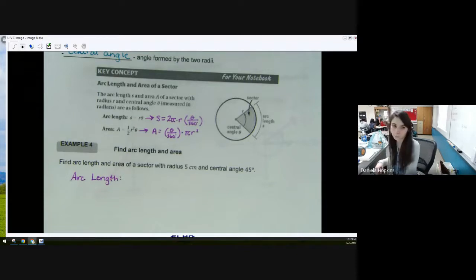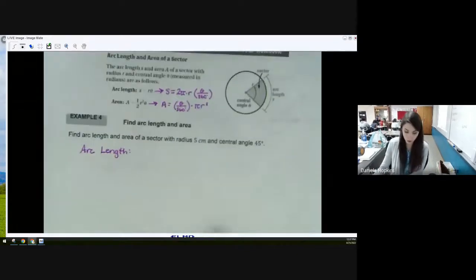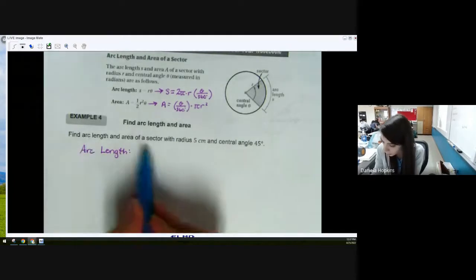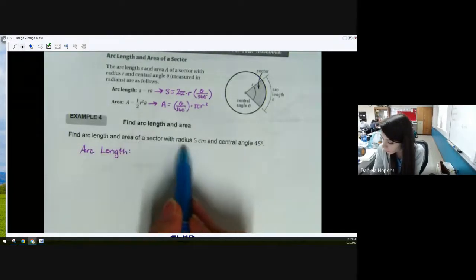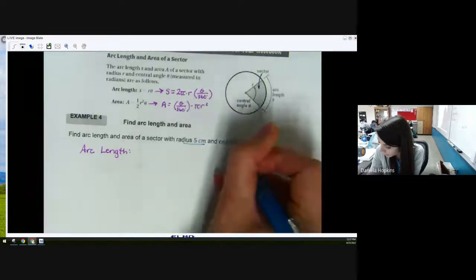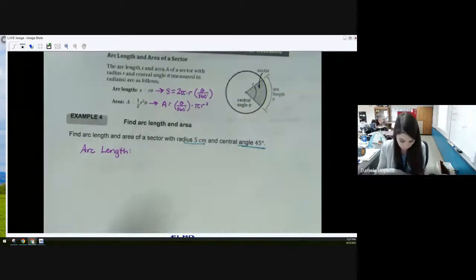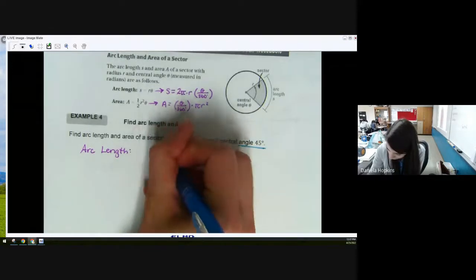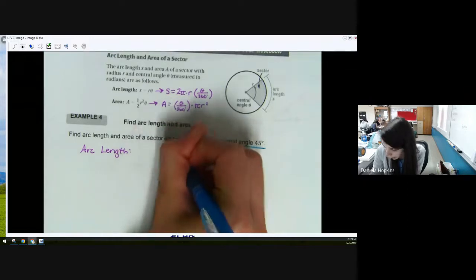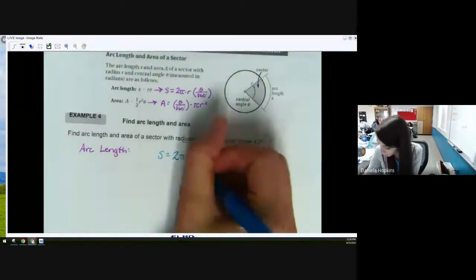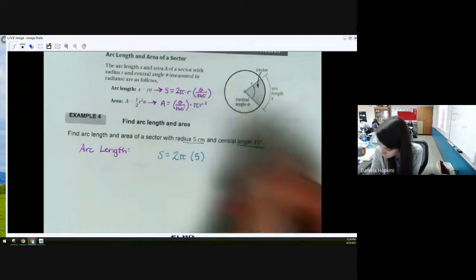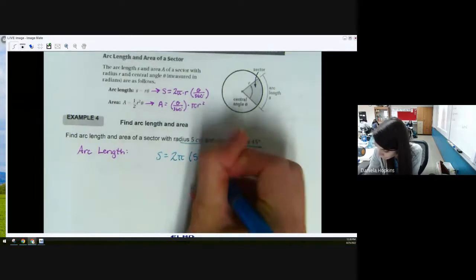Thank you. So for our arc length, I'm finding the arc length and area of a sector with radius 5 centimeters and central angle 45 degrees. My S is going to be equal to 2 pi to take care of this radians business, times my radius, which is 5, times 45 degrees over 360.